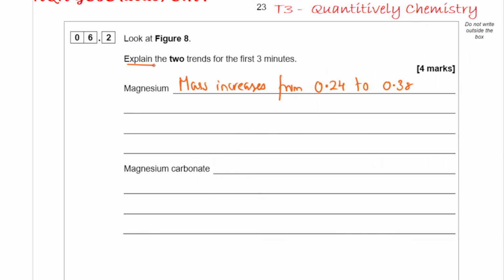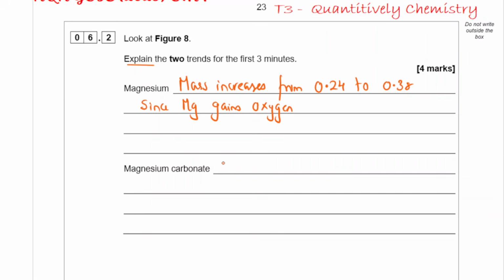Because they're asking you to explain, you need to give a reason why. Since magnesium gains oxygen when it's forming magnesium oxide.